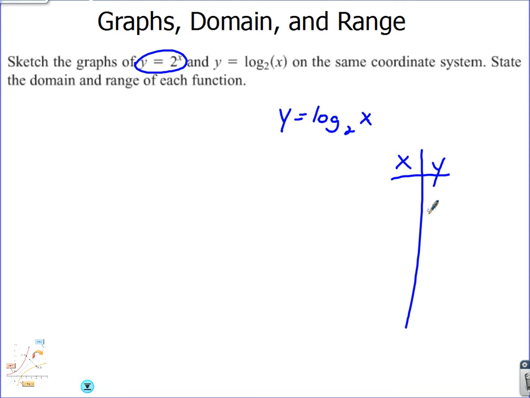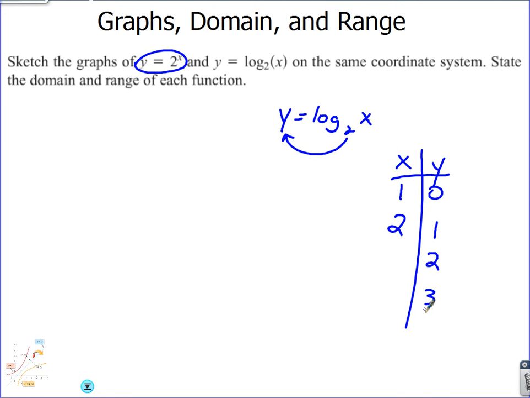Let's say x is 1. Where's y? 0. Because 2 to what power equals 1? That'd be 0. You could plug in 2 for x. 2 to what power is 2? But do you know the easy way of doing it? Plug in y's.